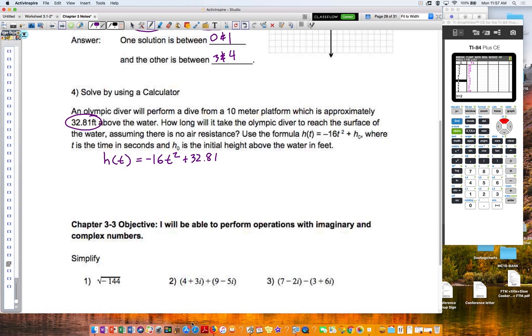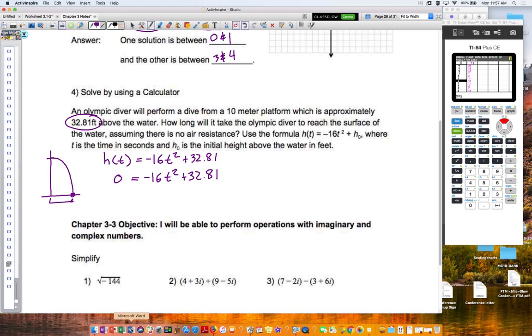I'm wondering where it equals 0. So one of the things I can do is set this equation equal to 0. If I'm visualizing what's happening here, in essence, here's the diver, and they're falling into the pool, and I'm looking at how long it takes to get there.